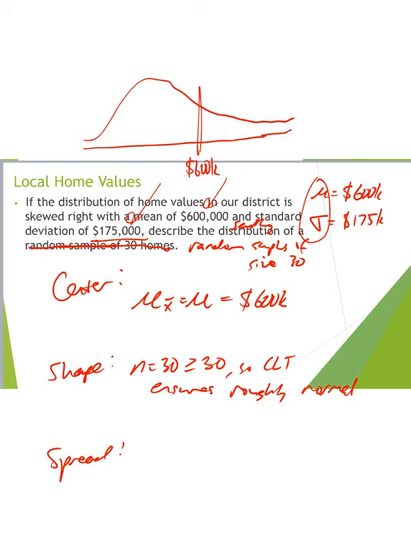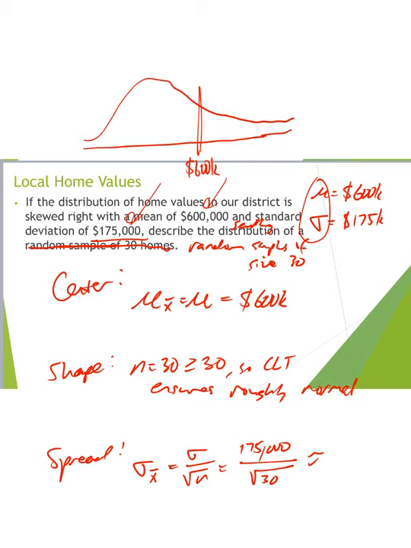And then finally for the spread, we get back to the notation again and the sigma of the x bars, which is the spread of the sampling distribution. Again, the subscript of x bar suggests that this is a sampling distribution because it's the spread of all the x bars that we got in our millions of samples, equals sigma over root n, which in this case, sigma was 175,000, and our sample size was 30.